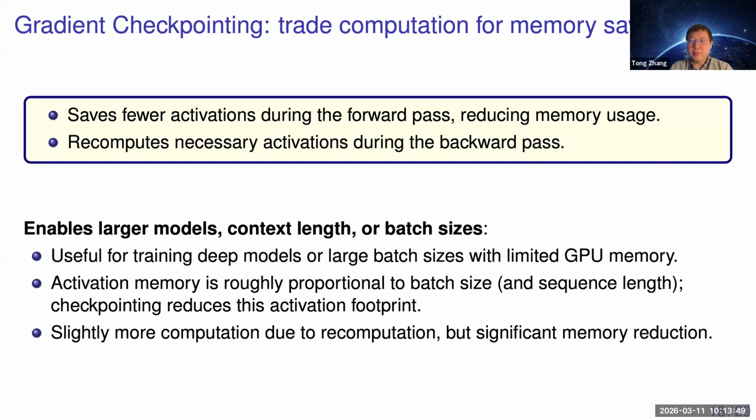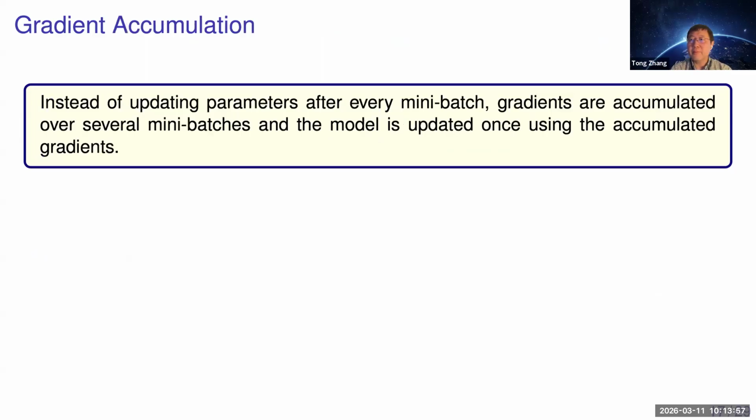So basically, slightly more computation, but a significant memory reduction. This is the key. Once you get out of memory, this is something you can think of. That's all we want to say about it. Just have a high-level understanding, and then you realize what to use in practice.